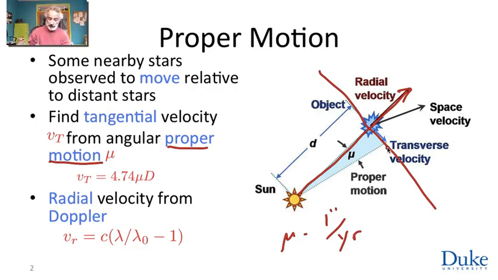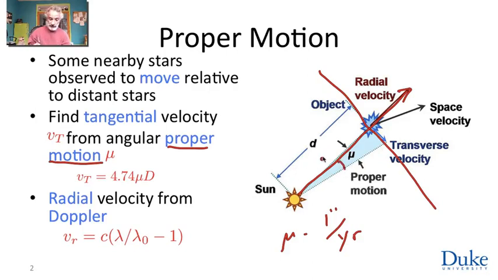And if we know the distance to the star, we can convert the angular motion to a measure of its actual transverse velocity, which is labeled by Vt. Basically the idea is, imagine waiting a year, the star's position in the sky will have changed by an angle mu.